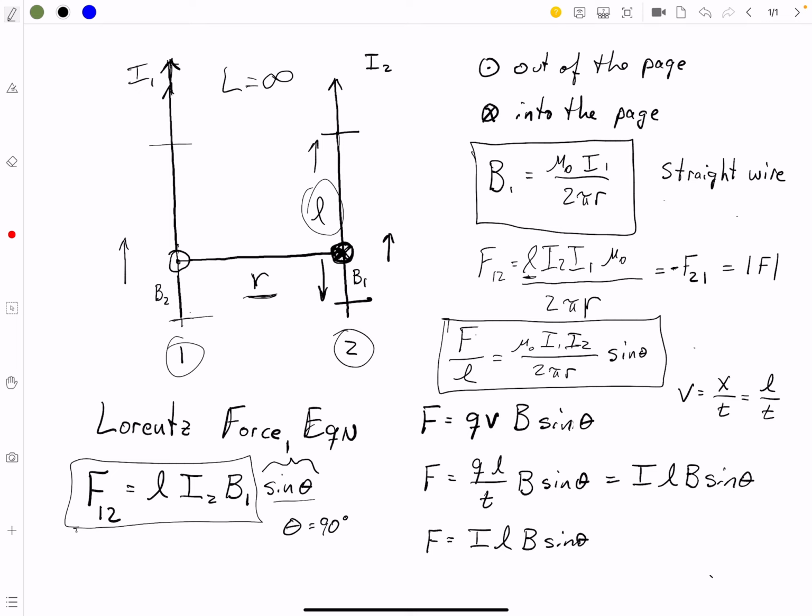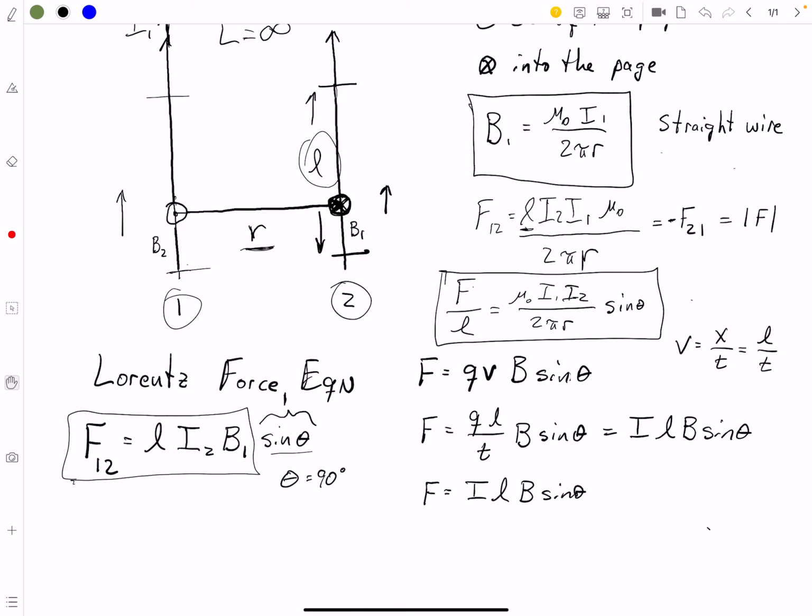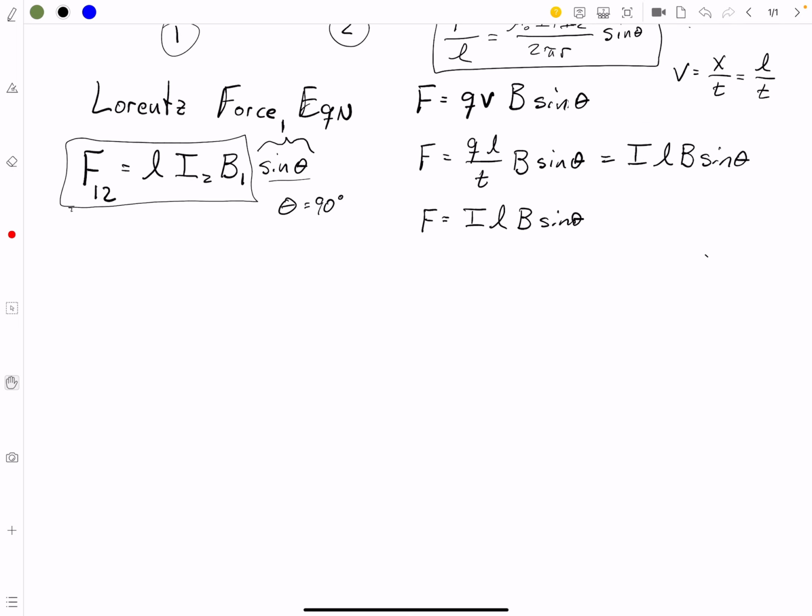But this is the equation that tells you the force per unit length for two current carrying wires a distance r away from each other. Okay. So here's where we get, I'm going to rewrite this.